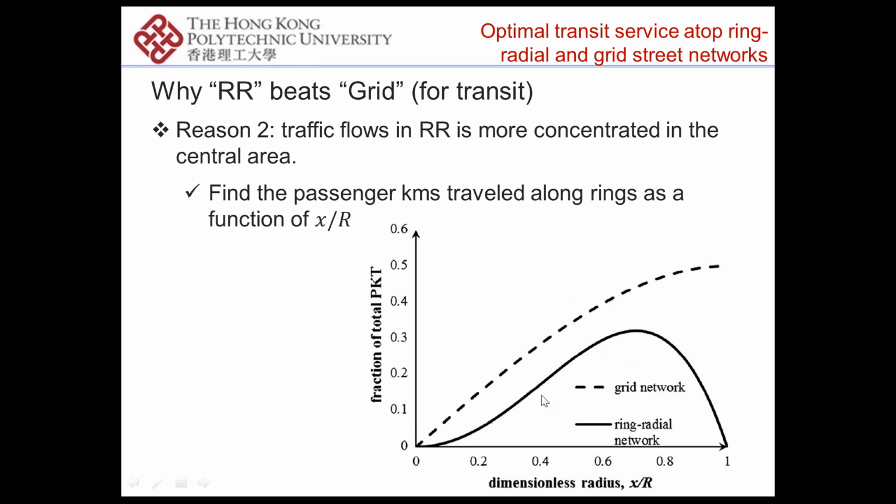When the demand of the ring-radial network is more concentrated near the city center, then we can design more frequent services in the central area to better suit this demand and save total generalized cost. For a grid network, the demand distribution is more dispersed, and that means it requires a larger central area and more transit lines to accommodate this demand, and it will result in a higher generalized cost.